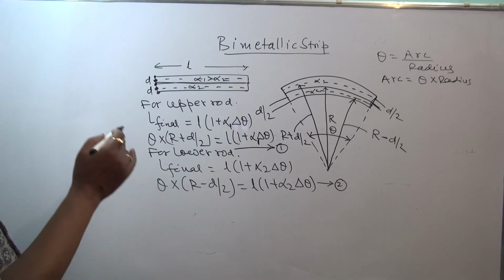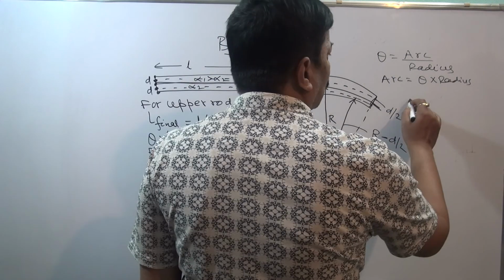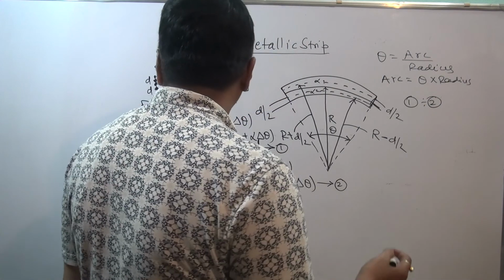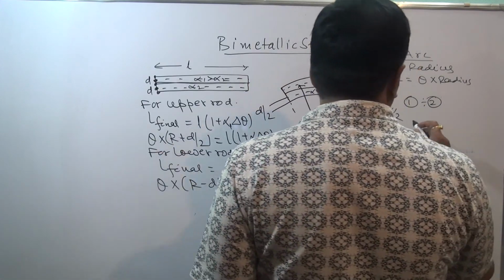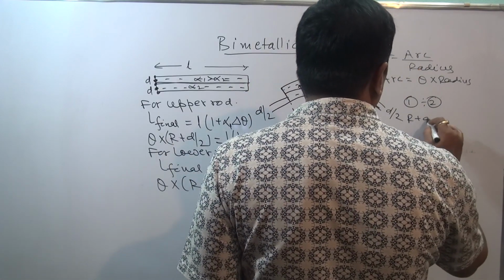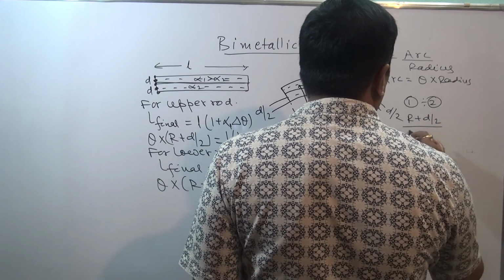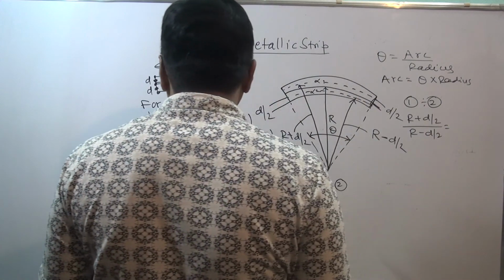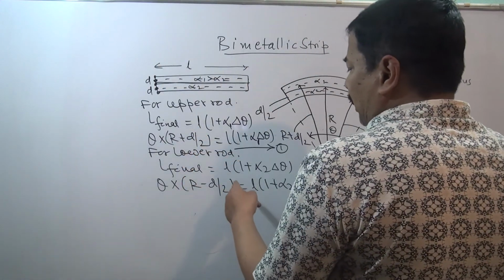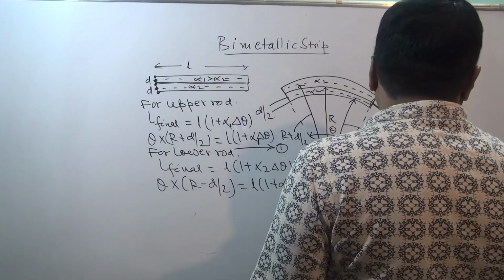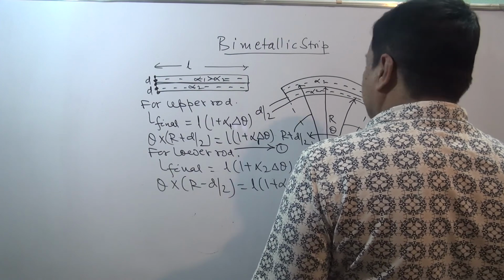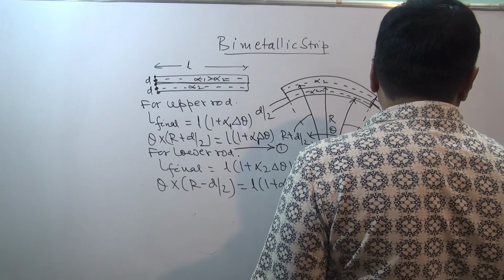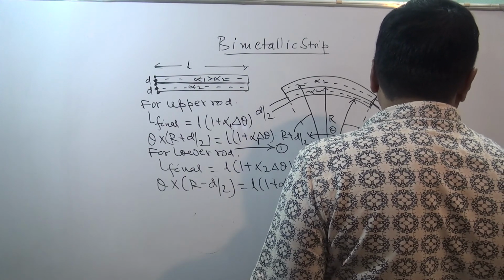This gives theta cancels, and r plus d by 2 divided by r minus d by 2 is equal to, L cancels, 1 plus alpha 1 delta theta divided by 1 plus alpha 2 delta theta.